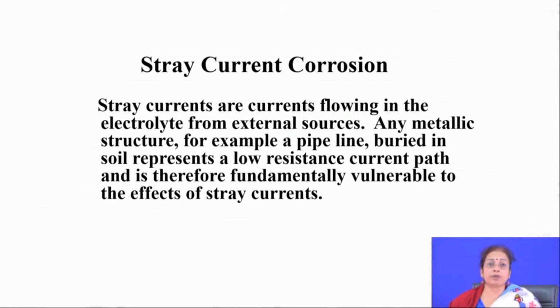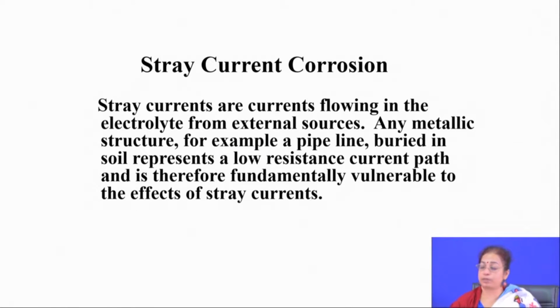But one of the important problems associated with cathodic protection is the stray currents which happen in the electrolyte from external sources. So, whenever you use cathodic protection, particularly below the earth, especially when you connect it with DC sources, you will find that if there is any other corroding species, it gets corroded away, so that gets further trouble.